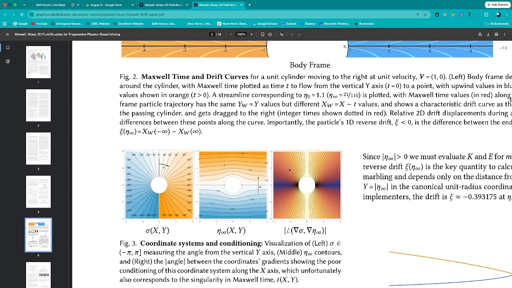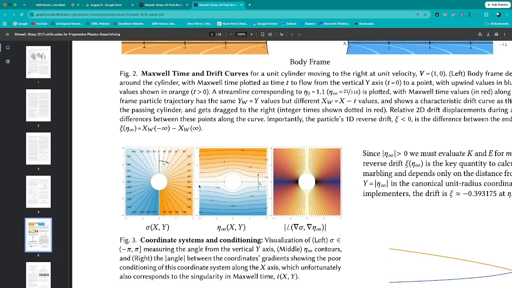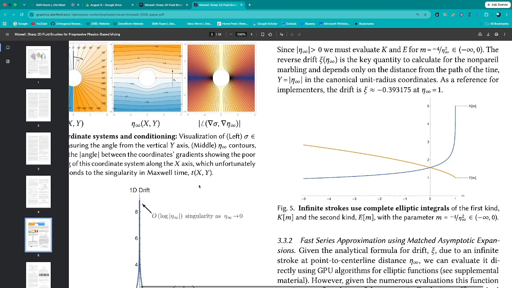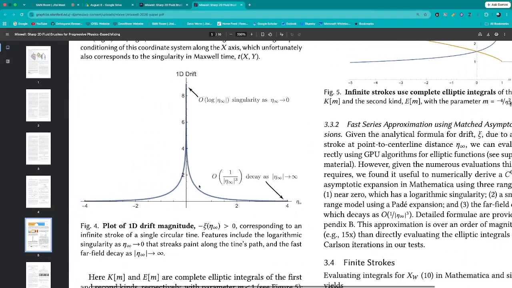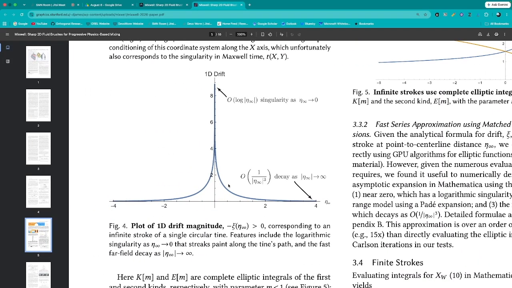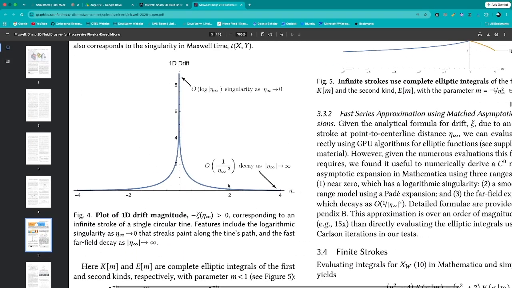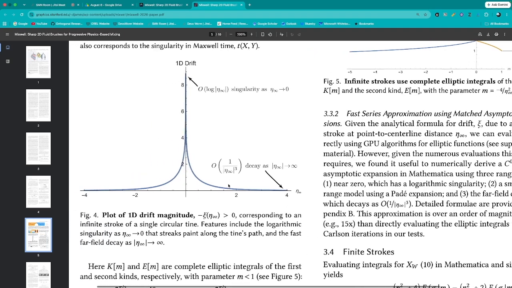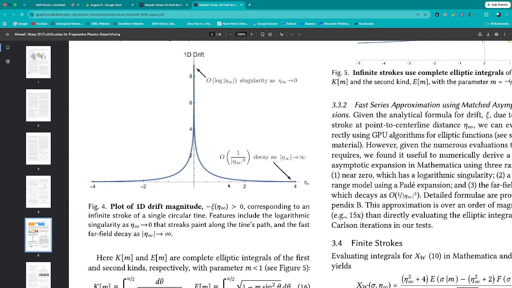And then this shows the different coordinate systems, representing the cylinder and the flow in different coordinates, and its rotational field in different coordinates. And then some of these are graphs that show the magnitude of drift and other things going on there.